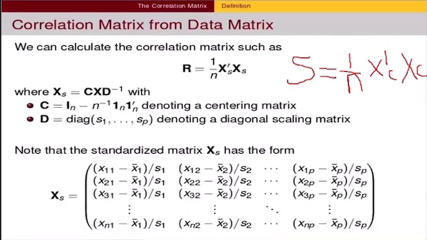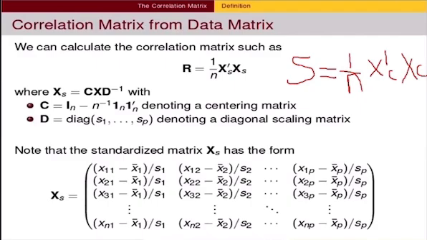Which means when I have my data matrix, I subtract the mean of a particular column from every value in that column. That is centering. When I do the centering, I find the transpose and multiply by S_C, then I divide by N, and I have the covariance.